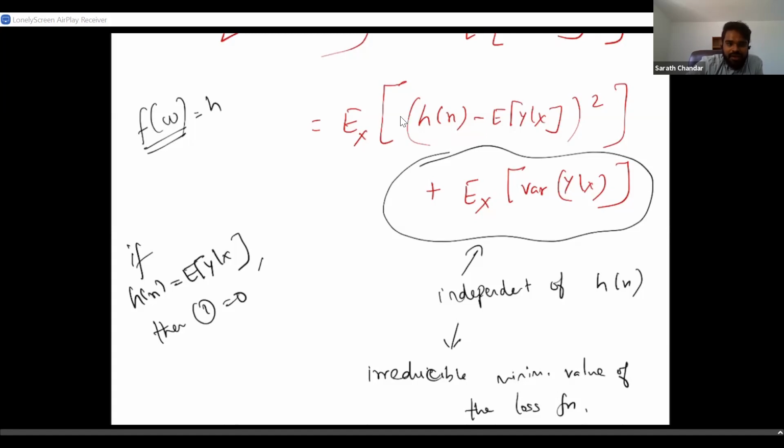Unless you know the process, you cannot estimate it properly. We have also seen that even if you know the true distribution, there is variance in the generation process itself, which is not controllable, and hence you will make mistakes.